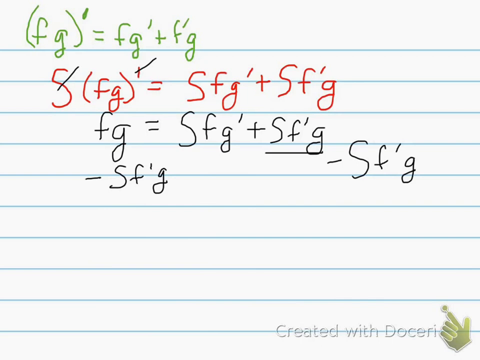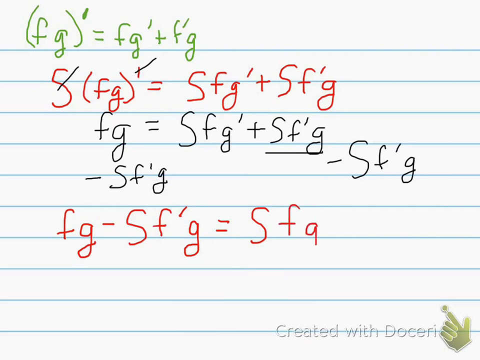So we end up with f times g minus the integral of f prime g will equal the integral of f g prime. That's actually where the integration by parts formula comes from.